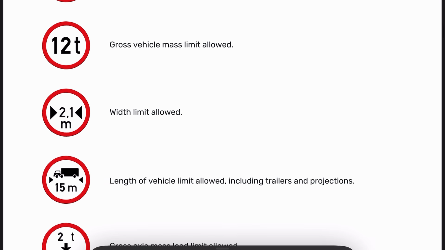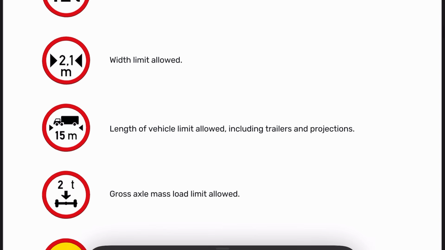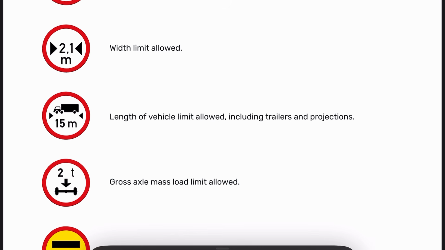You have the 12T. That is a vehicle that weighs 12 tons and above. Your vehicle should not be above 12 tons. Then you have the width limit. The width of your vehicle should not be above 2.1 meters. And then the length of your vehicle should not be above 15 meters.